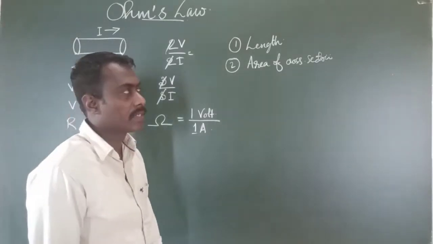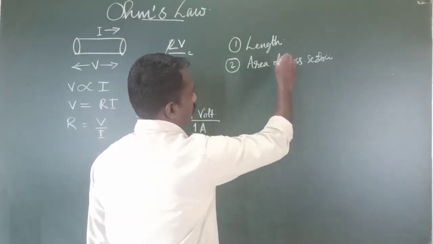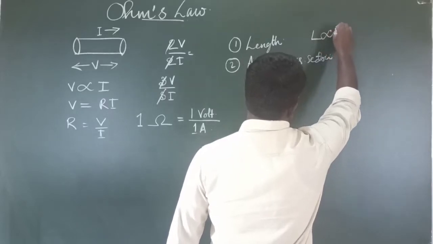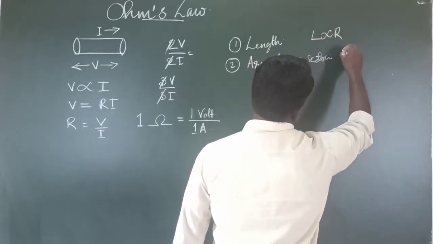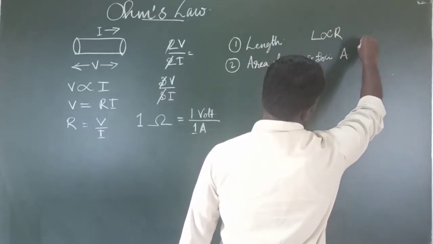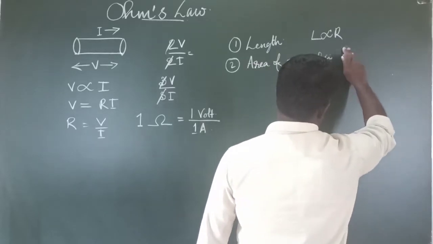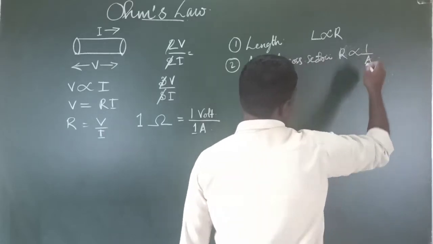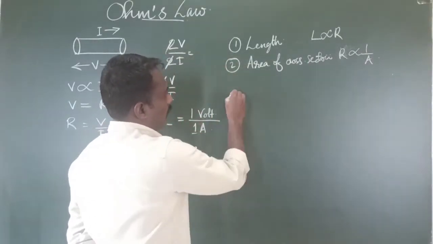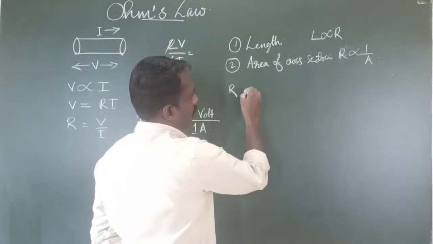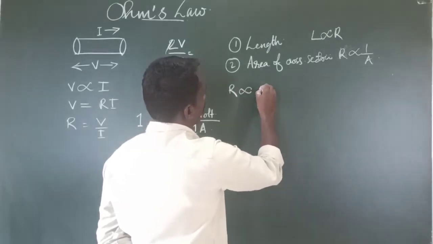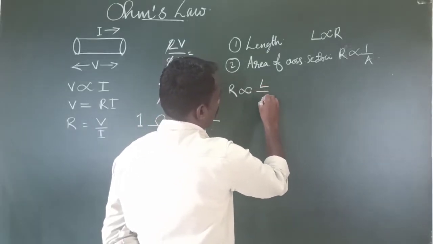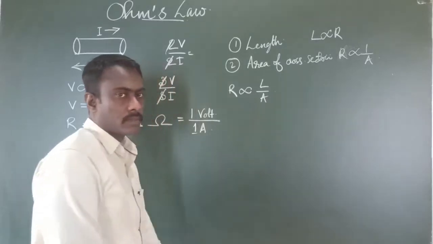The first one is that length is directly proportional to R, and R is inversely proportional to A. If we combine these two equations, we get R is proportional to L by A.